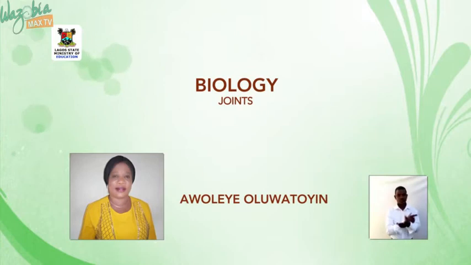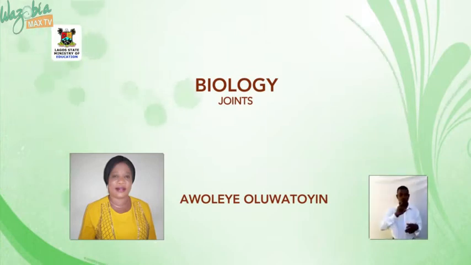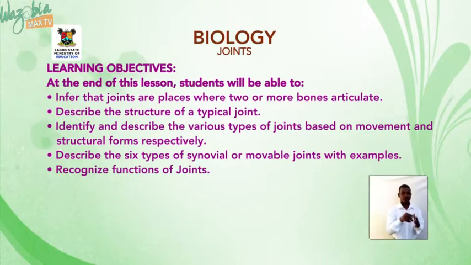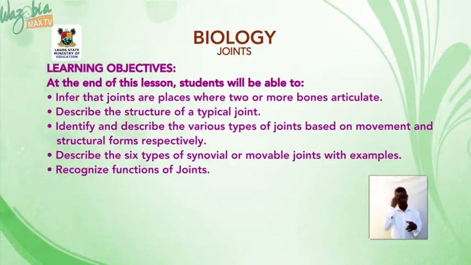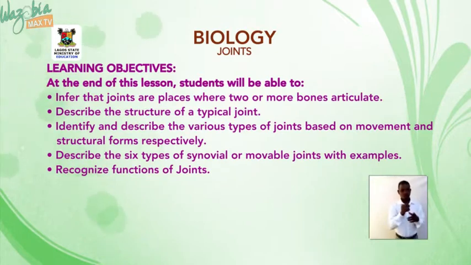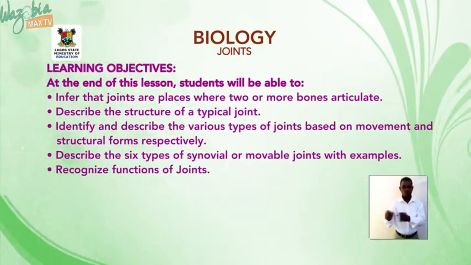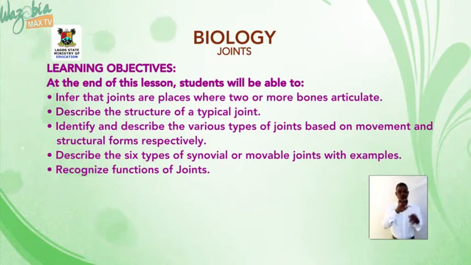The topic for today's lesson is joints. Learning objectives. At the end of this lesson, students will be able to: 1. Infer that joints are places where two or more bones articulate. 2. Describe the structure of a typical joint. 3.